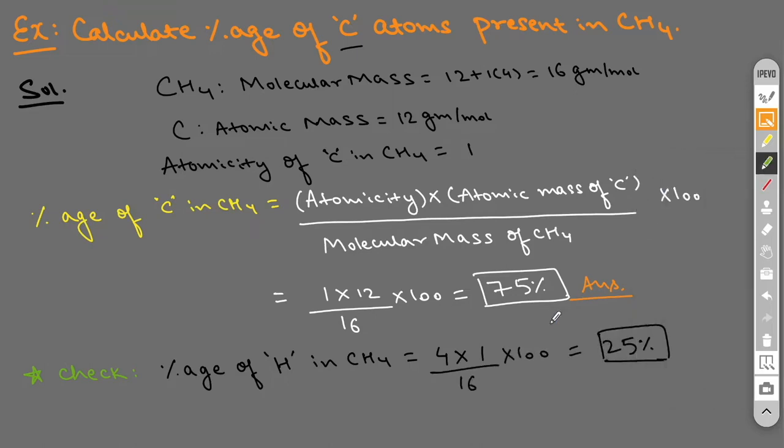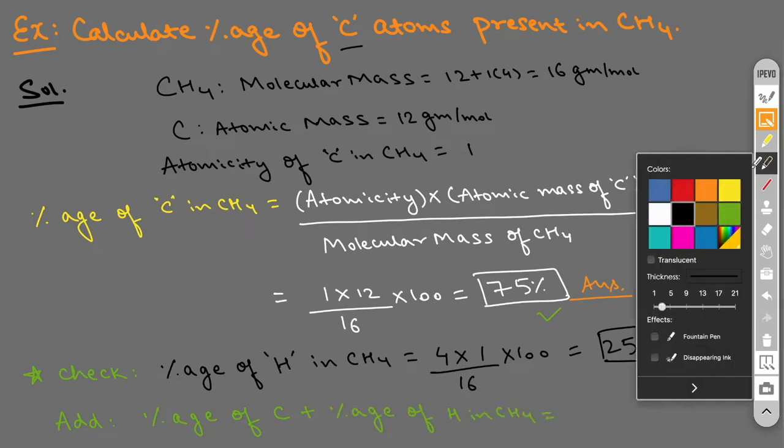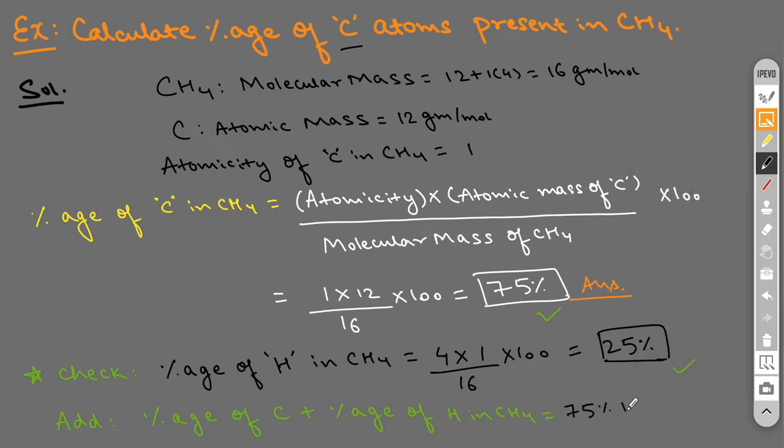It came out to be 25%. So now we'll simply add these two values, percentage of C and percentage of H in CH4. Right, on adding we'll get 75% plus 25%, which is 100%.